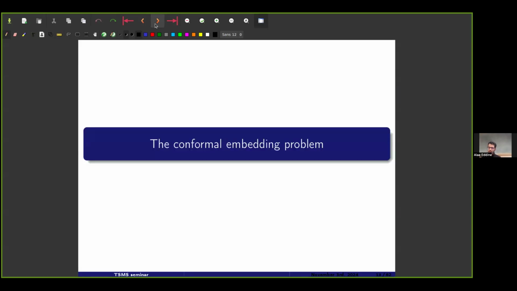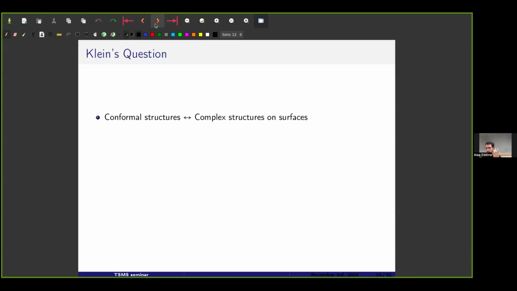Okay, so what is the conformal embedding problem? Now we know that from any complex structure, or any Riemann surface structure, we can have a Riemannian metric associated to it, and vice versa. If we have a Riemannian metric, then we can define a complex structure.